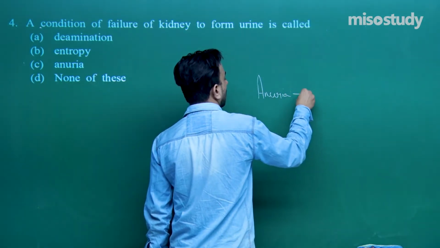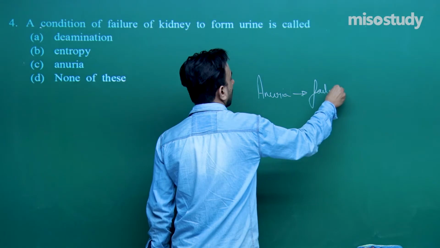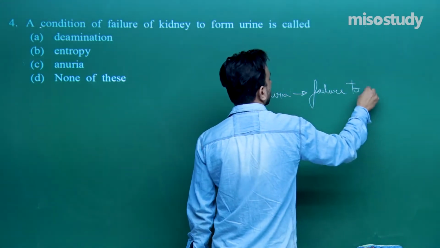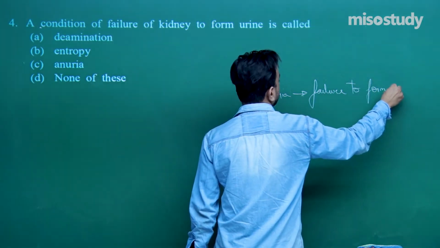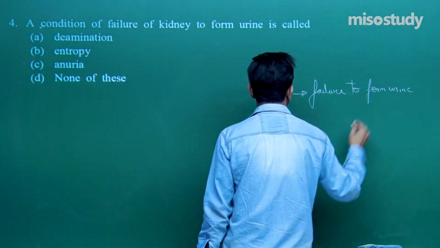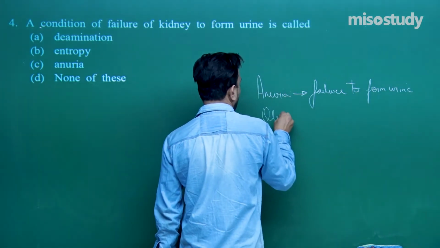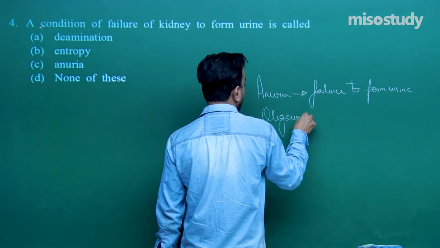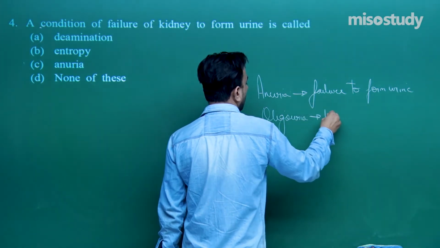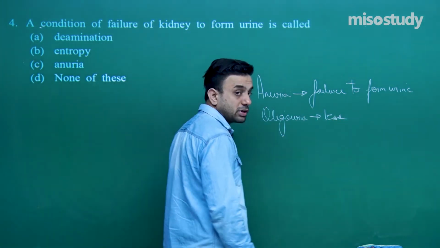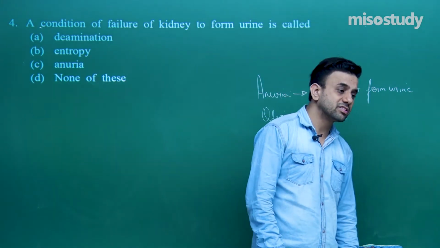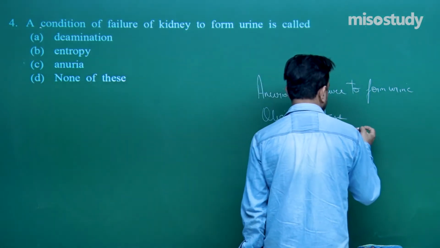Anuria, failure to form urine. Oliguria, less formation of urine, or we can say less frequent urination.